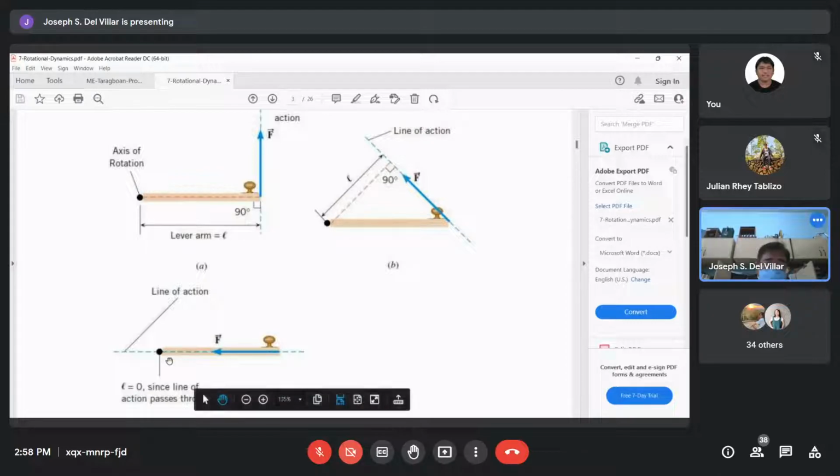Parang letter C. Now, the y component is this one. Itong vertical. Okay? So itong vertical, meron siyang lever arm. Actually, yung lever arm niya is the width of the door. Parang yung sa letter A. Yun yung kanyang lever arm. Okay? So you need to compute for the vertical component. Okay? And then multiply that by the lever arm, yung width of the door.